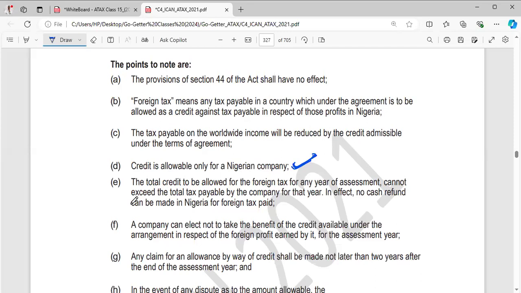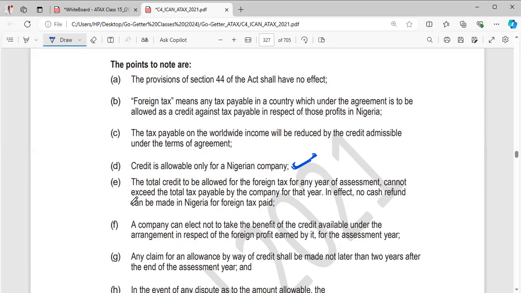So it means here that if there is a double taxation agreement between Nigeria and US, and a US company is in Nigeria, we shall not give that company any double taxation relief. Neither shall we give him a Commonwealth income relief. We shall not give them because it's not a Nigerian company.